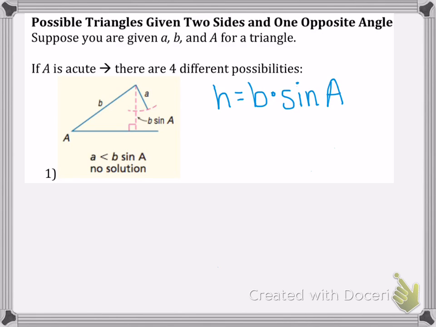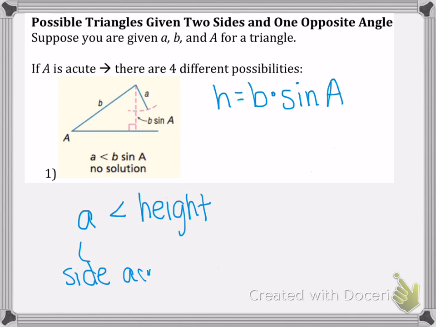No solution exists. There is not a triangle if A is acute and the side across from my angle is less than the height, which A is your side across from the angle. That means no triangle exists.